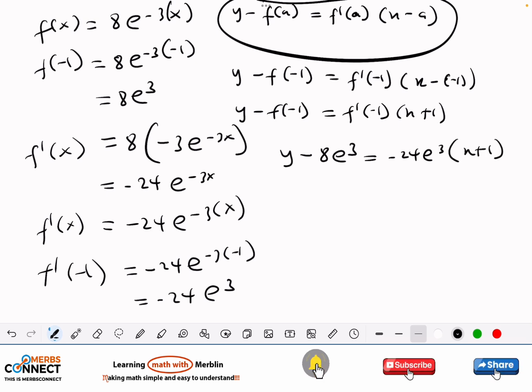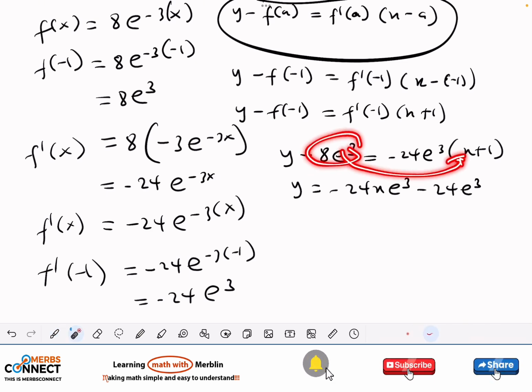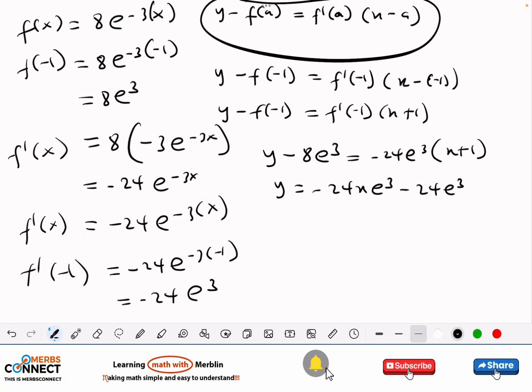If I want to expand, y is equal to, I'll multiply this by this. So I'm going to have -24x e to the power 3. Then I multiply this by this. I'm going to have -24 e to the power 3. Then I move this -8 e to the power 3 to the right side, which will become positive. So I'm going to have plus 8 e to the power 3.